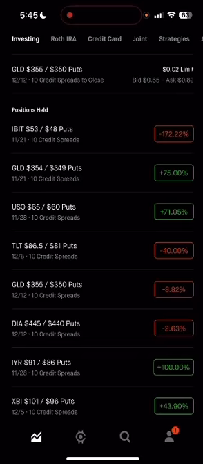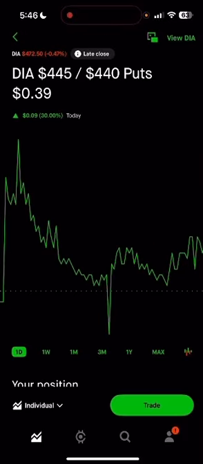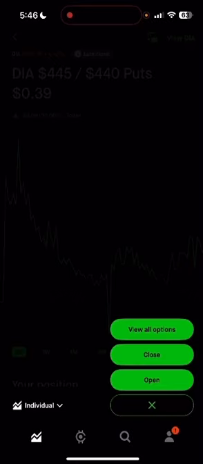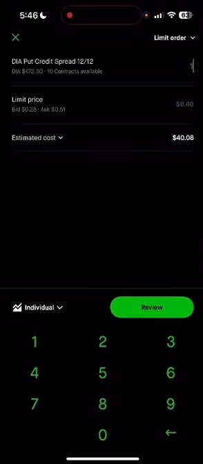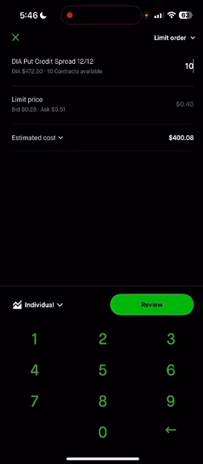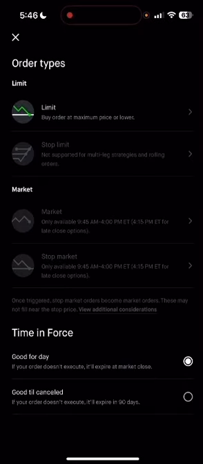Okay, so let's take an example of a DIA trade. You go in, you look at your positions held. Let's say you just put on a DIA credit spread for 28 days out. You click on it, go to trade, click on close, and click on the number of contracts you have available. Then you click on time in force, and you want to make sure you click on good till canceled.